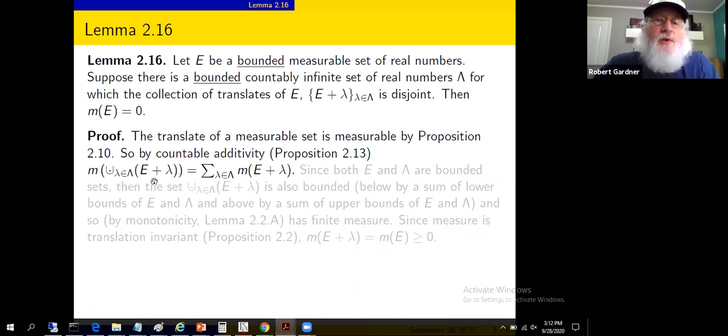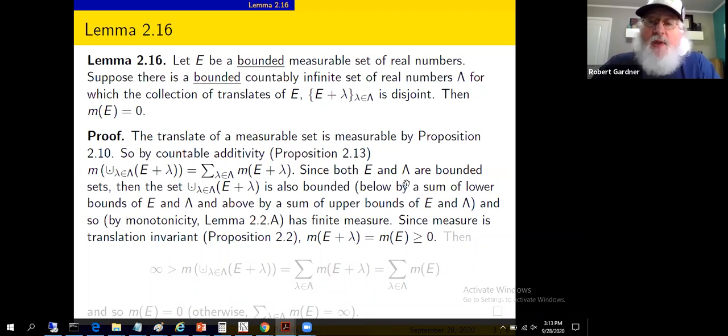The union of those E sub lambdas as lambda ranges over all its values. They'll be disjoint, hypothesis. So the measure of the union is the sum of the measures, countable additivity. Yeah, under the assumption E is measurable, so that E plus lambda is measurable for all those lambdas. So countable additivity we have going for us in that situation.